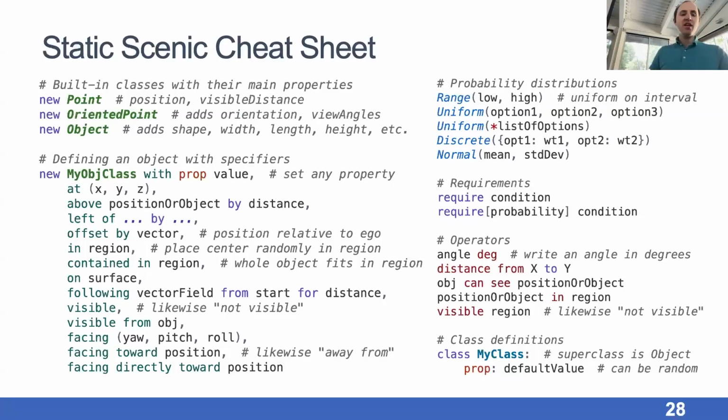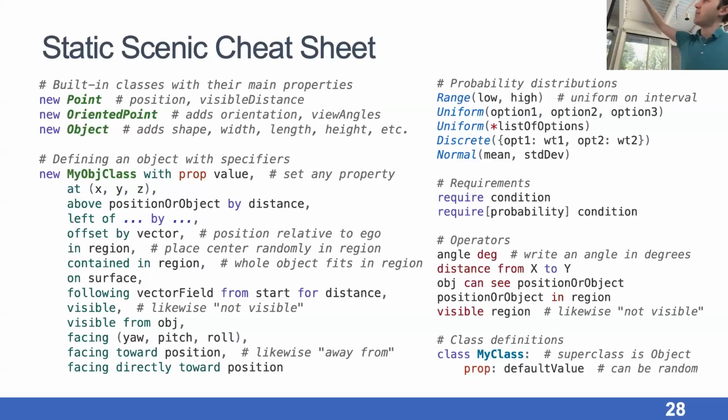In the bottom left, we have almost all of the specifiers that are built into Scenic. And you can see there are a bunch of different ways of positioning objects, like at a specific location or above or left of relative to some other object, randomly within a region on some surface for 3D things, facing different directions or facing towards an object, etc. We have all of those. Again, these can be mixed and matched.